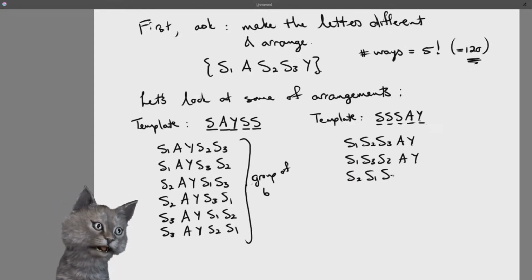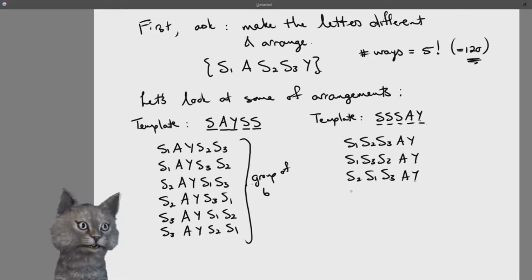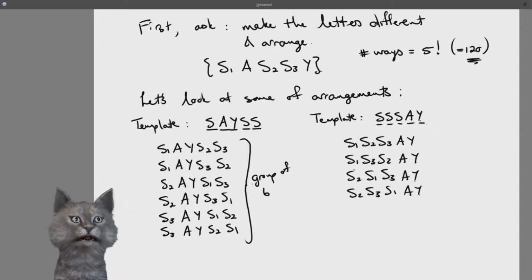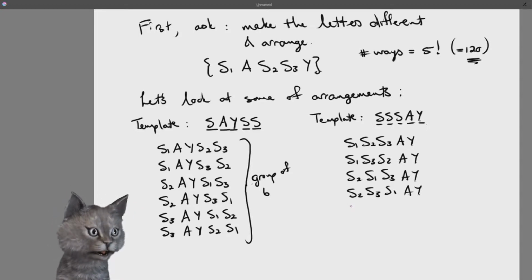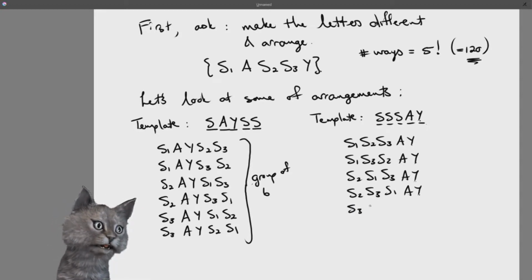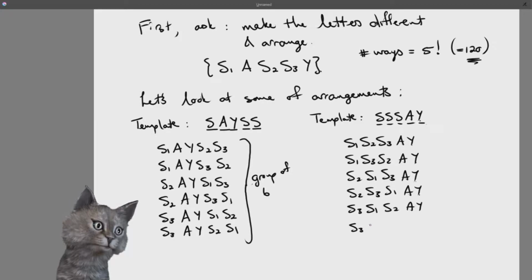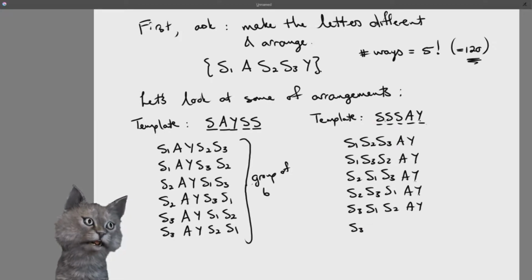S2, S1, S3, A, Y. S2, S3, S1, A, Y. And hopefully you see how we're making these. We're just shuffling the S's, which are now different, in all possible ways in their positions, which under this template is the first 3.